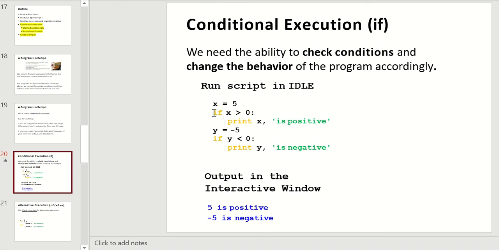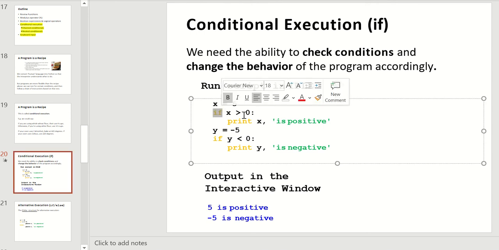So in Python, the token, like what we type, the little bit of text to initiate conditional execution is if. We have a line that begins with if, followed by the condition, followed by a colon.